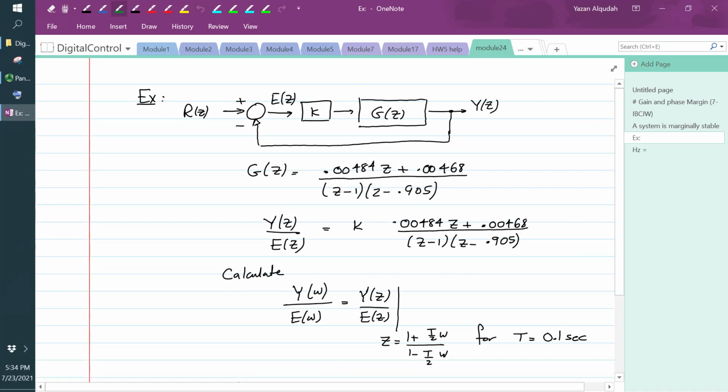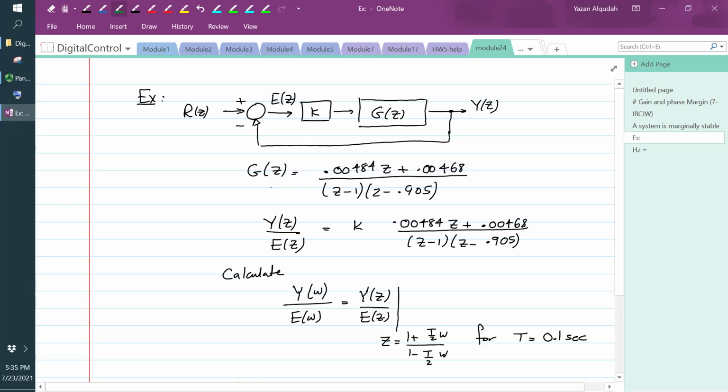So we have a system here, input K G of z. This is a discrete time system. G of z is given by this transfer function. We can calculate Y over E of z, and this is equal to K multiplied by G of z.